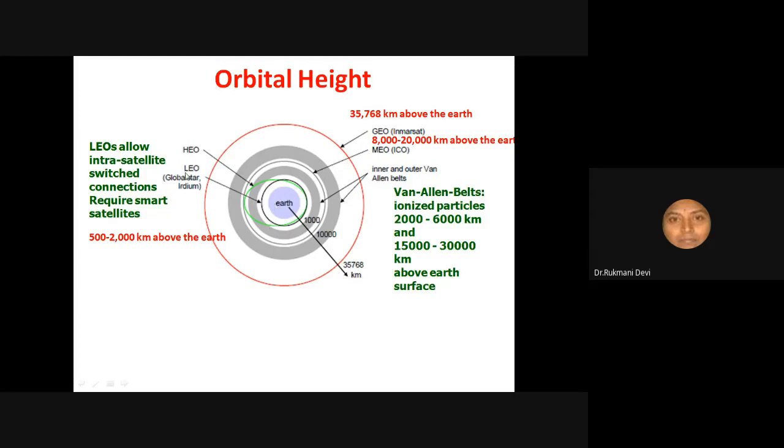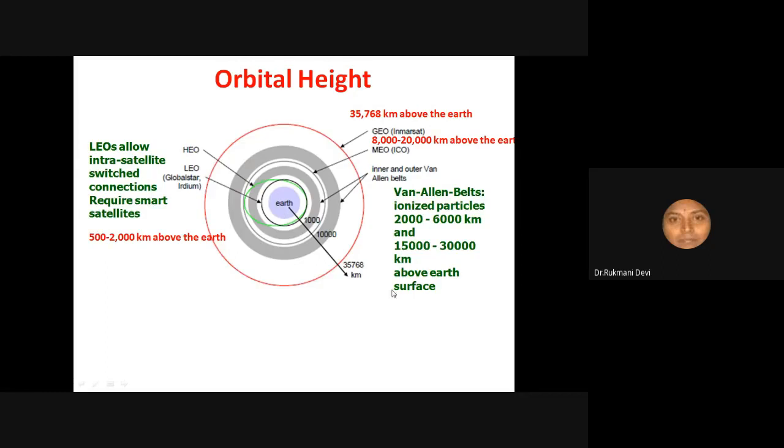One is LEO, low Earth orbit. This allows intra-satellite switched connections and requires small satellites. Now I have given where it is located from Earth. The distance of low Earth orbit is 500 to 2000 kilometers above the Earth.